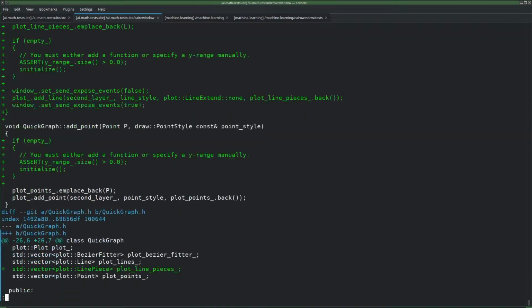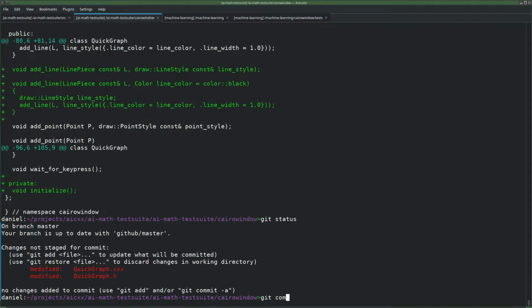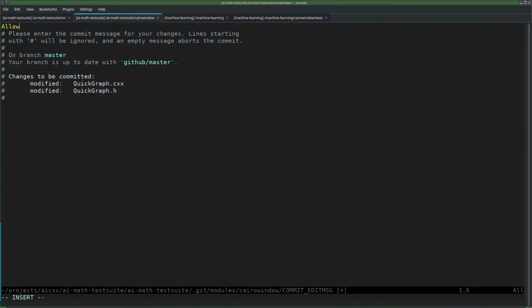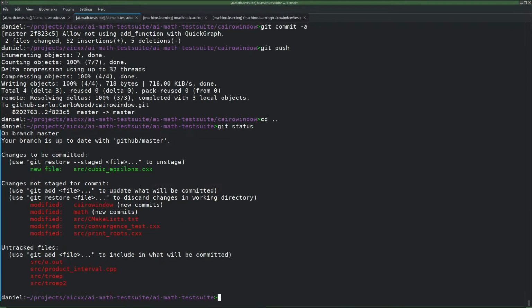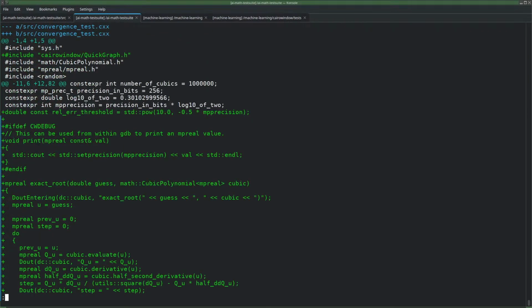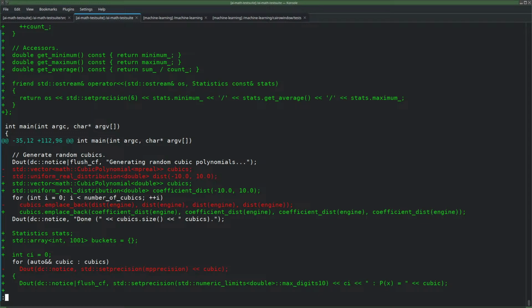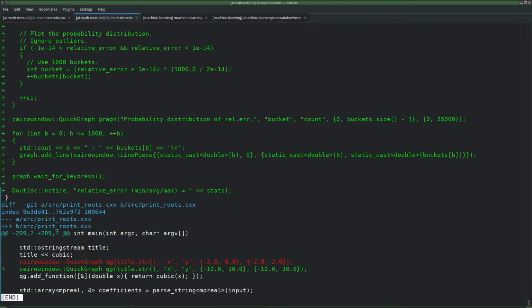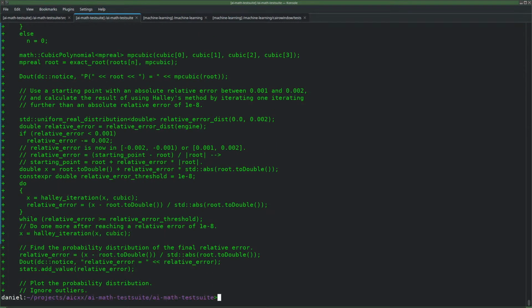Oh yeah, allow not using add function. Yeah, whatever.